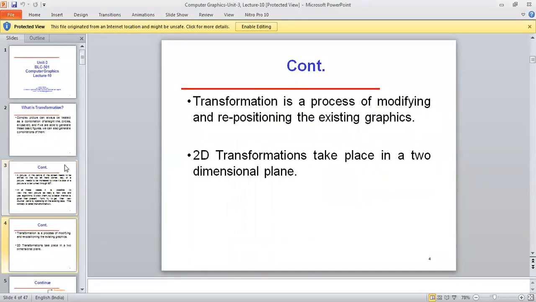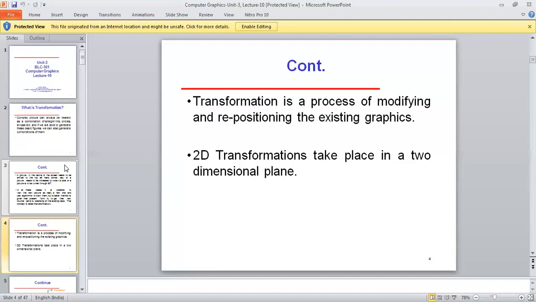So transformation is a process of modifying and repositioning the existing pictures, existing graphics. 2D transformation takes place in a two-dimensional plane. So we use either the 2D plane or the 3D plane. First we will consider the 2D plane, and at the end we will use the 3D plane. In the 2D plane we will use the x axis and y axis, that is the xy plane.